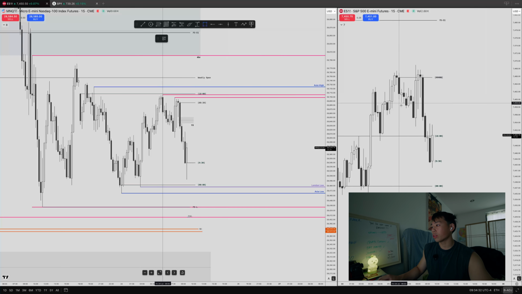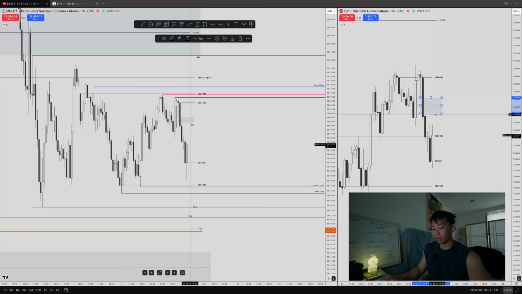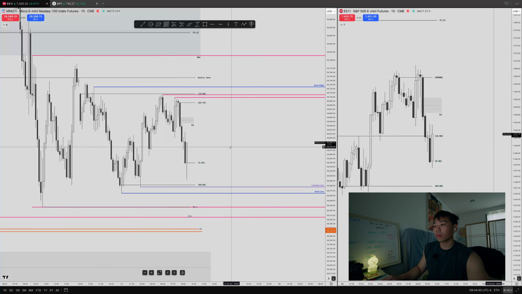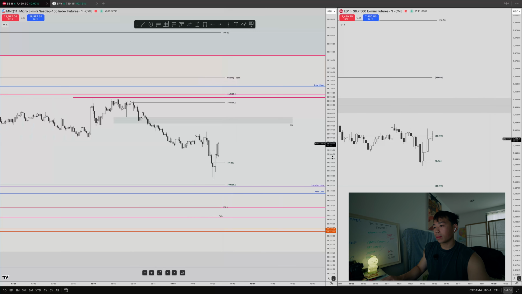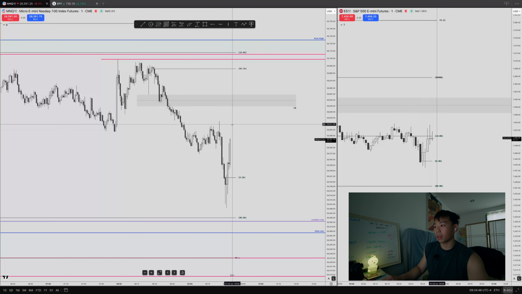We also have this larger 15 on ES. I mean, ideally, I guess a good long would be up to the 15-minute gap.